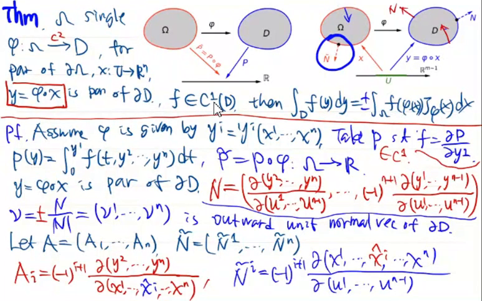A continuous function can be approximated using a smooth function. So f being C1 can be weakened to f just continuous. And phi being C2 can also be approximated by C1 maps.